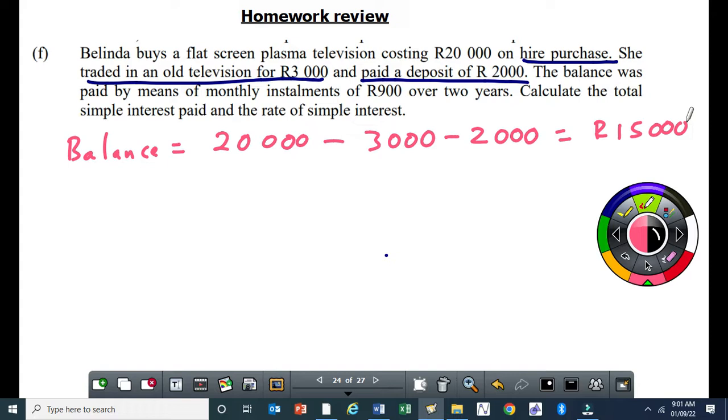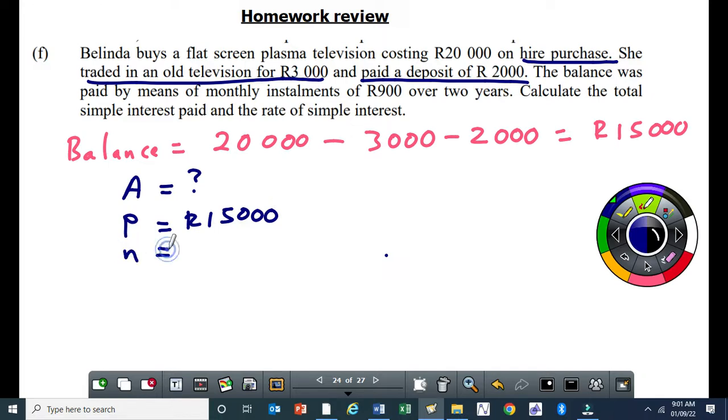Now to calculate the total of the simple interest, we need to know what was the future value after borrowing 15,000. So based on the information here, we need to calculate that A. Then our P is going to be 15,000, because that's the amount she borrowed to buy the television. Our number of years is 2 years.